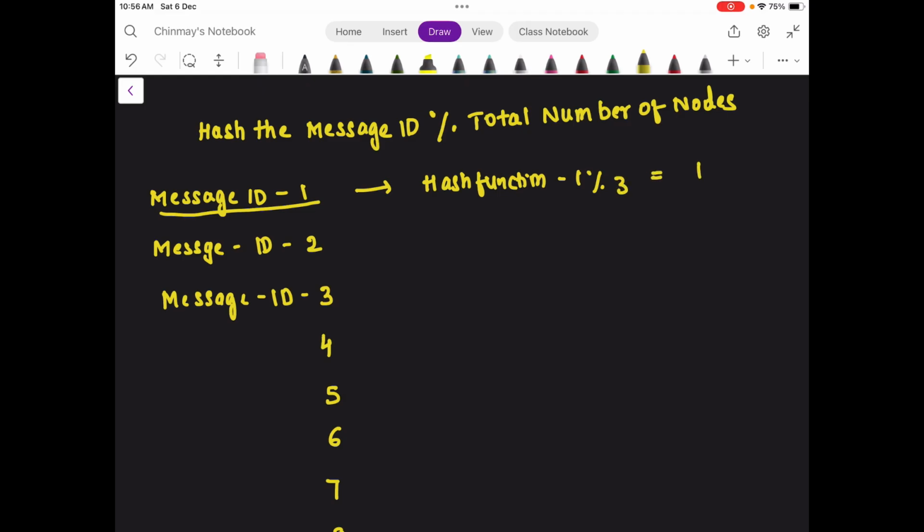1. Similarly, if we pass message ID 2 into the hash function, it gives the value 2. For message ID 3, the value 3 modulus 3 is 0.